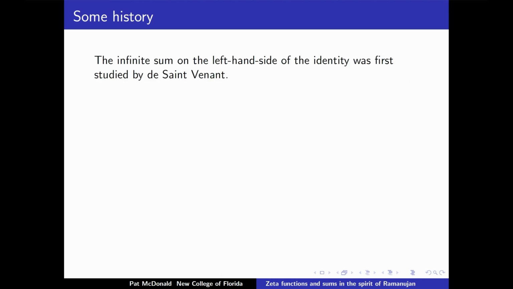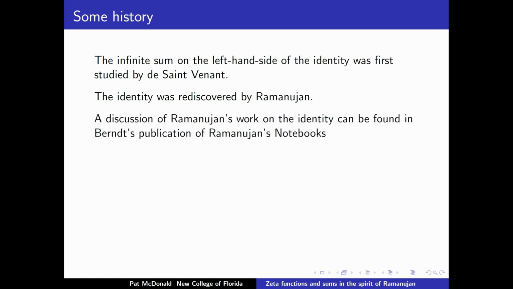Okay, so a little bit about the history, right? Well, perhaps not surprisingly, it was first examined by Saint-Venant and was later rediscovered by Ramanujan, right? And you can find his work on this identity in the edited version of his notebooks. So Berndt has done a great job in providing that, right? If you look at book 2, chapter 14, these two entries involve that identity that was up on the board.